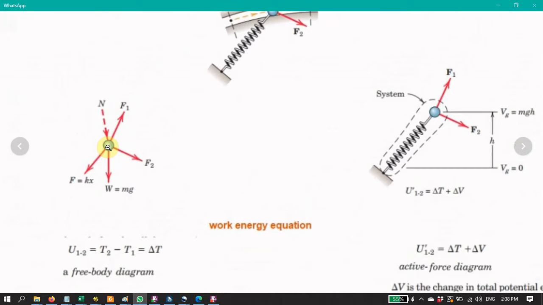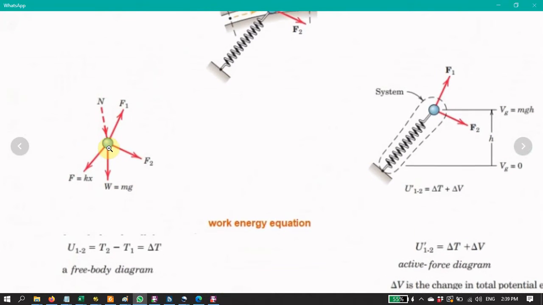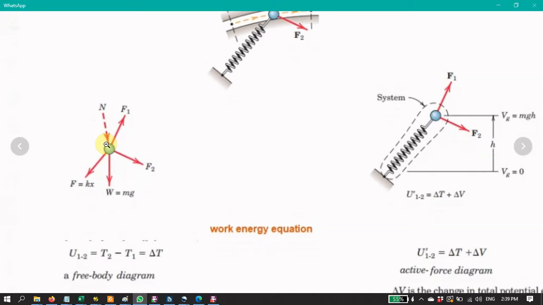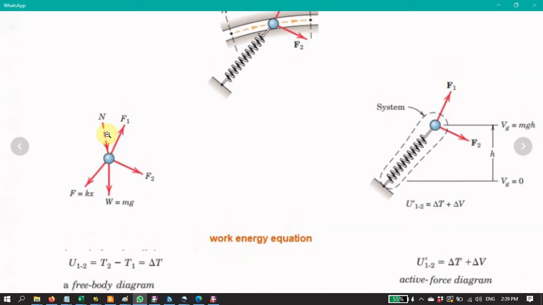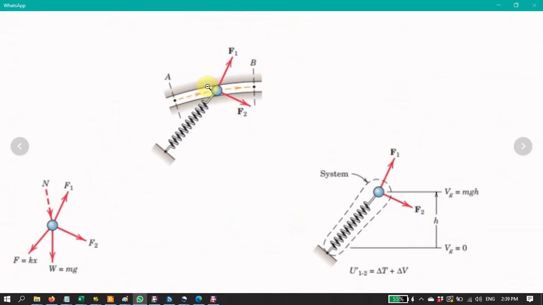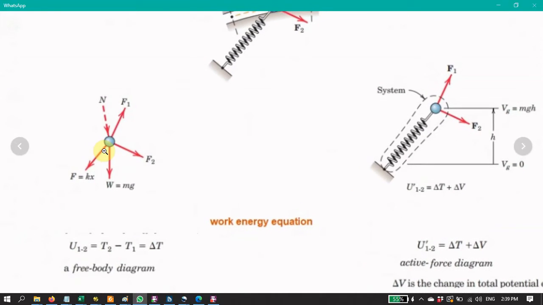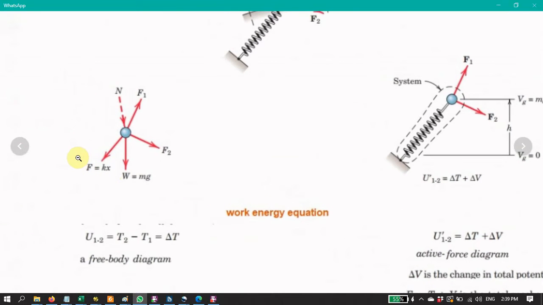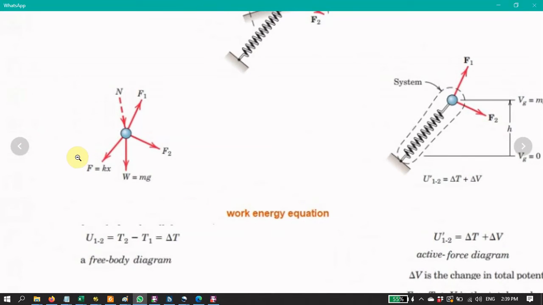So we have the weight of the body, and most probably, when the body moves, there is a force acting normal to the surface, and then we have the spring force. So we need to solve all the force components, and from that we can get solutions.